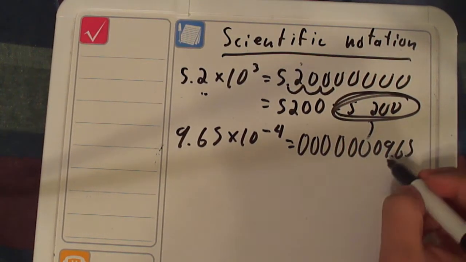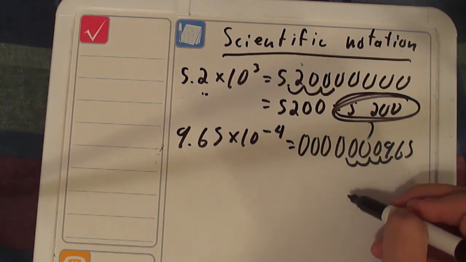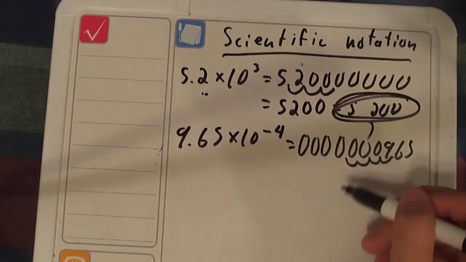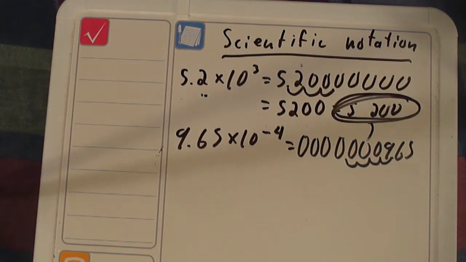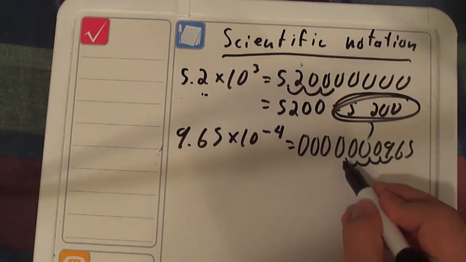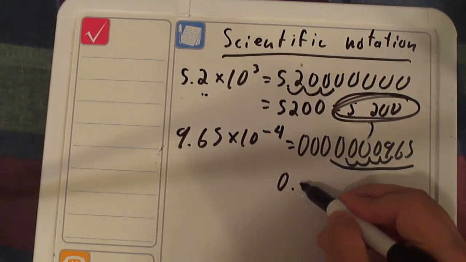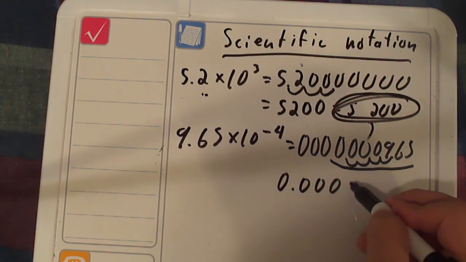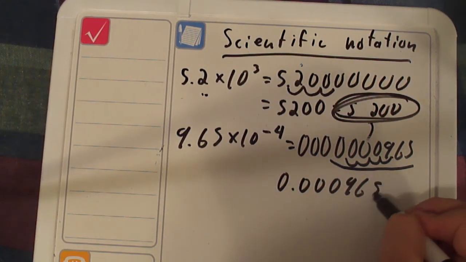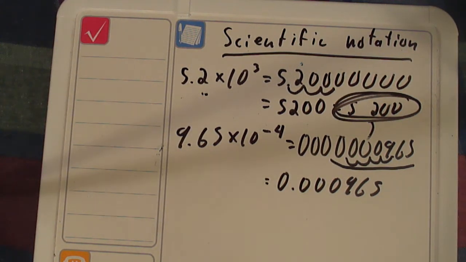Okay, since it's negative 4, you know you're going 4 forwards. 1, 2, 3, 4. After a while, you end up just getting a hang of this and start going, oh, okay, I know I can just start doing this in my head. So which means you now get just this: 0.000965. There you go. Nice, simple, very quick, very easy, not hard to do.